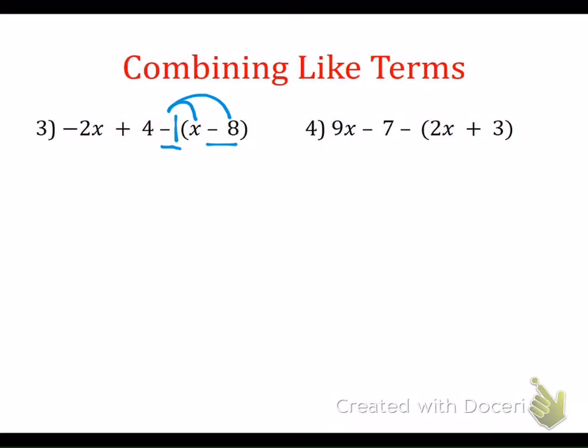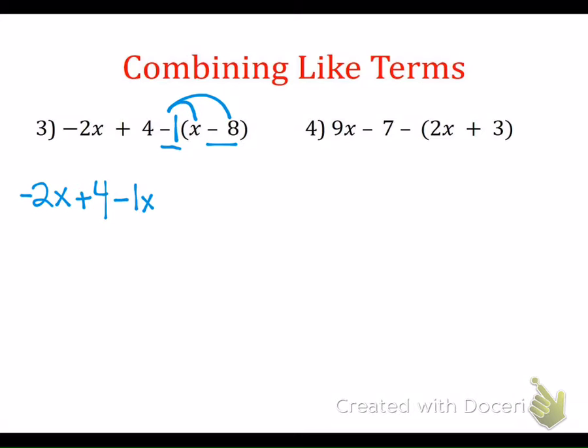I'm going to stick that negative with that 8. All right. The -2x, nothing changes. The +4, nothing changes. What is -1 times x? -1x. Good. I'll write the 1 in case you want to see it. If you don't want to see it, get rid of it. In the working steps, I don't mind if you leave things like 1s for coefficients. But in the final answer, I don't want to see them. It's kind of like the behind the scenes work.